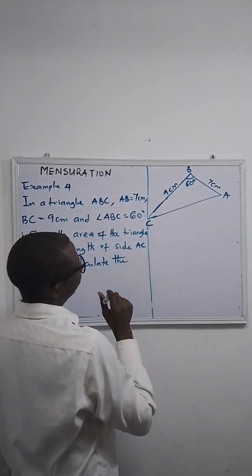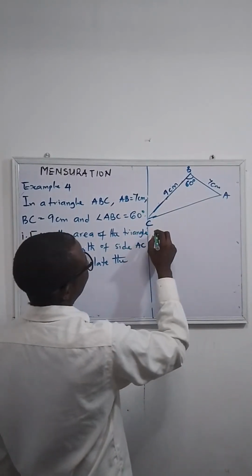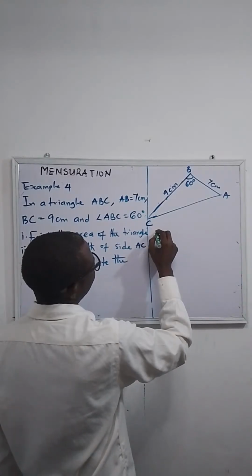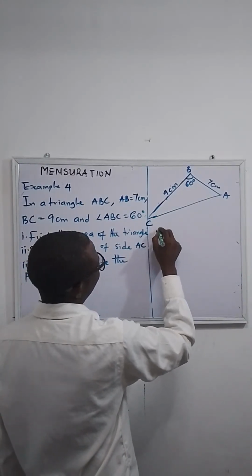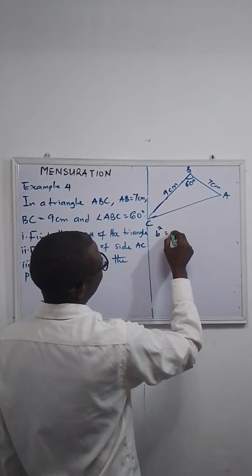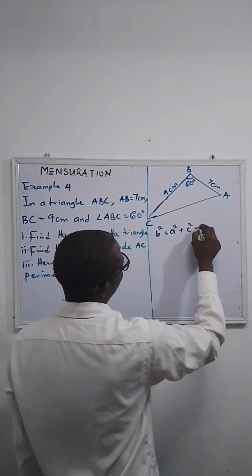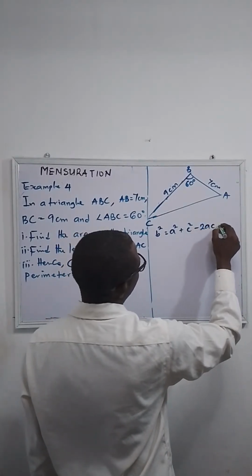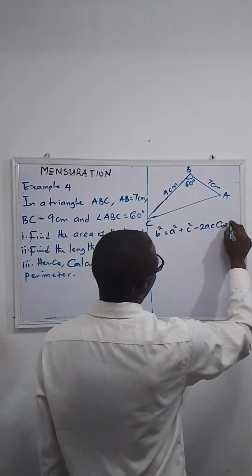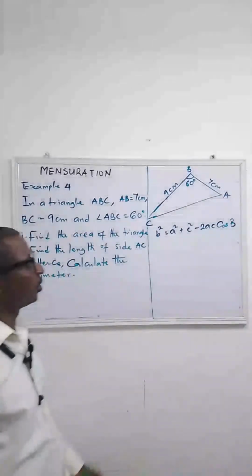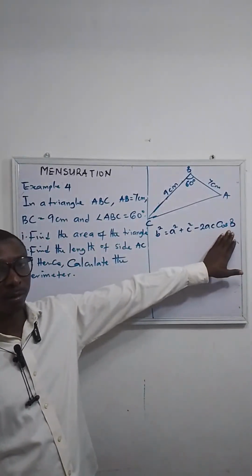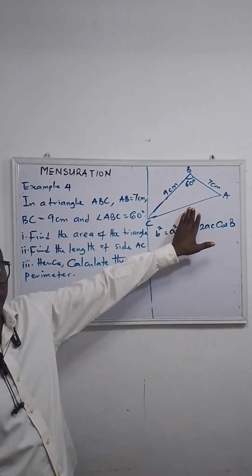So b squared equals a squared plus c squared minus 2ac cos B. This is the formula we're going to use to get side b.